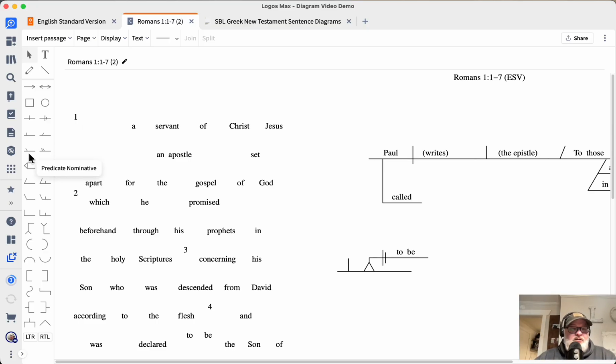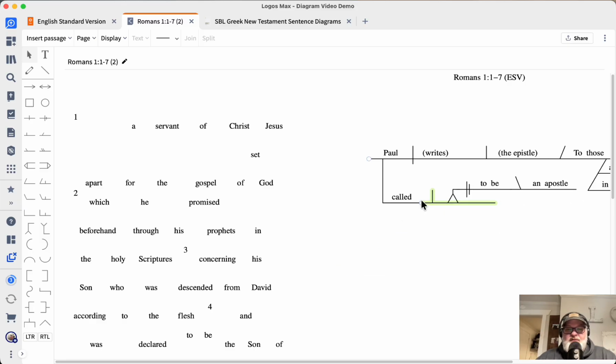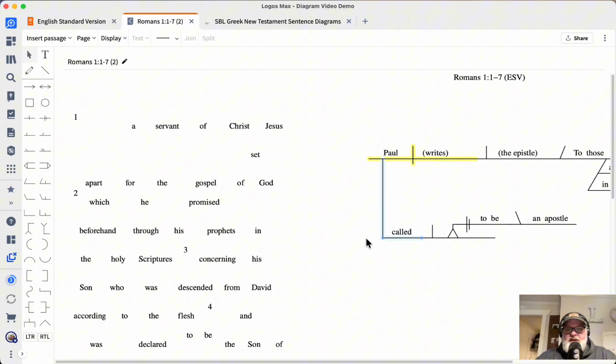They use the double line here for an adjective and the single line for the nominative. And that's okay. I'm just going to use a single line for both predicate adjectives and predicate nominatives. And so we're going to take this, I'm going to put it back and connect it to this guy here. And then we can kind of connect it here.